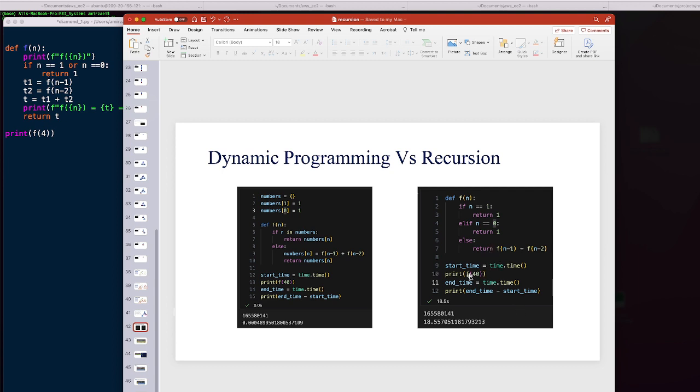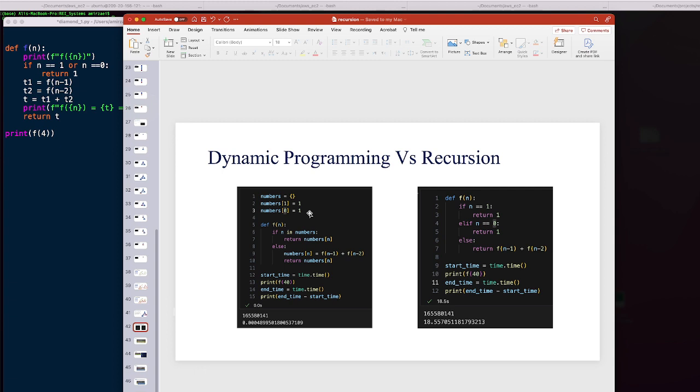If you put Fibonacci of 50 here, the recursion program takes forever, like a minute or something. But the dynamic programming one comes out very fast. That is why dynamic programming is so important, and lots of people go toward dynamic programming and don't even use recursion, because you see the problem with recursion for just this Fibonacci. It takes 18 seconds, and if you turn this to Fibonacci of 100, it won't even come out. It takes forever. But dynamic programming is much faster.